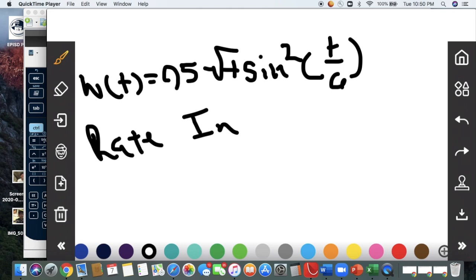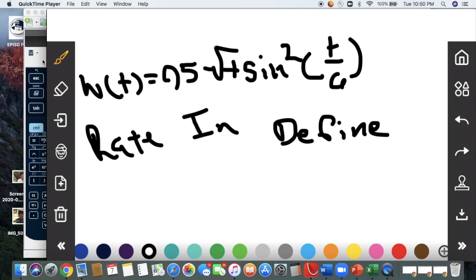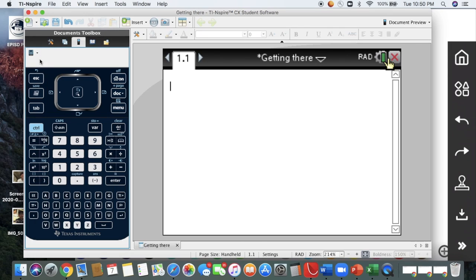So the first thing you want to do is define this in your calculator, meaning you don't have to retype this every time. And when you do it on the calculator, you have to rewrite it so that it can actually understand what you're saying.